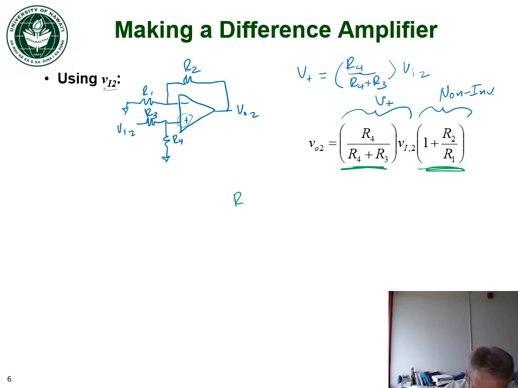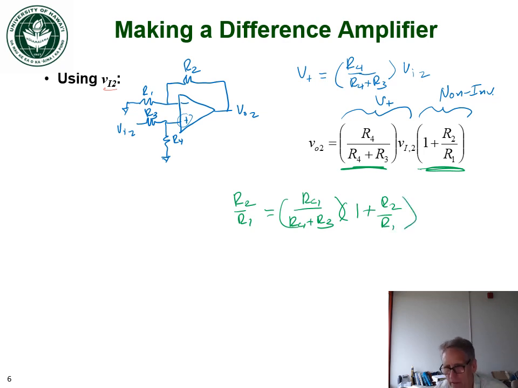So we'd like R2 over R1 from the inverting amplifier to equal R4 over R4 plus R3 times 1 plus R2 over R1. If we can set those equal and figure out values that make those equal for R4 and R3, then we'd actually have a difference amplifier. All right, so how do we do that?